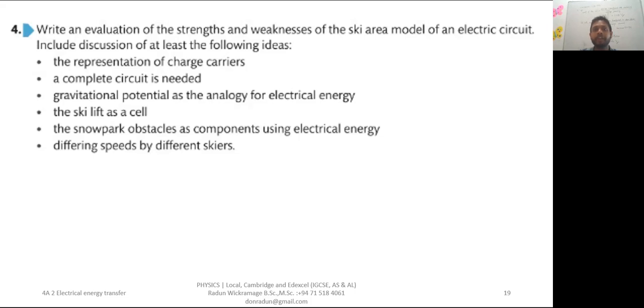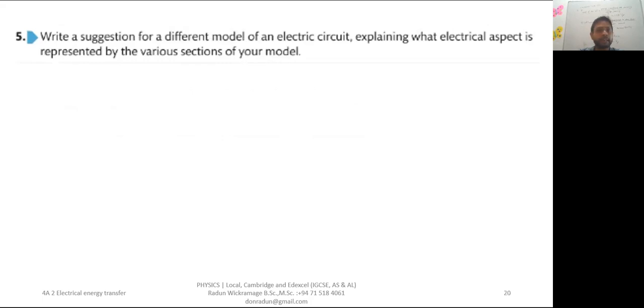Include discussions of at least the following ideas: representation of charge carriers, complete circuit is needed, gravitational potential energy as the analogy for electrical energy, and the ski lift as a cell. So you have to write down strengths and weaknesses. Some of them are having strengths, some weaknesses, some both. So you have to write down both. Then you can share your answers with me. If there is any improvement, I'll let you know.